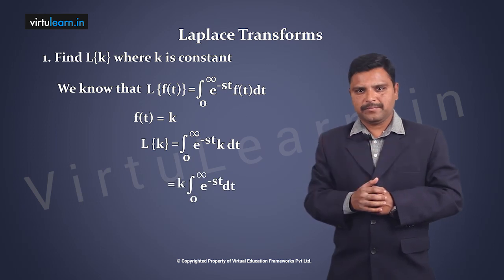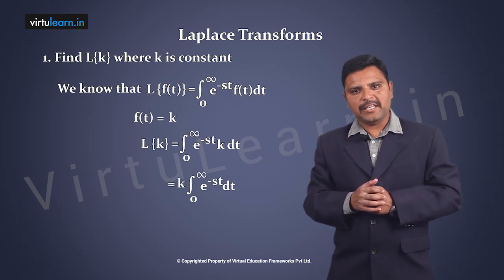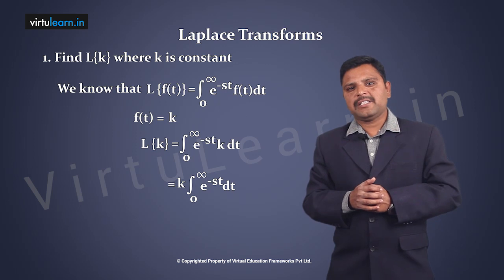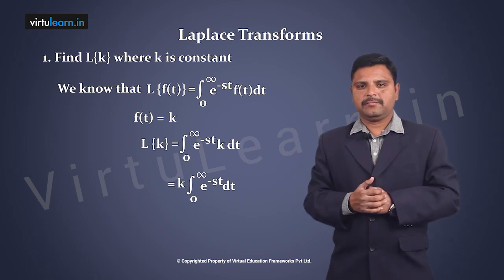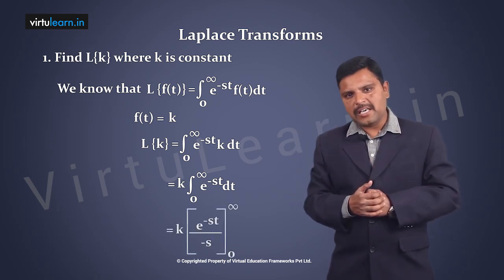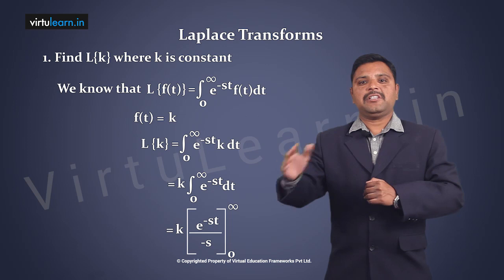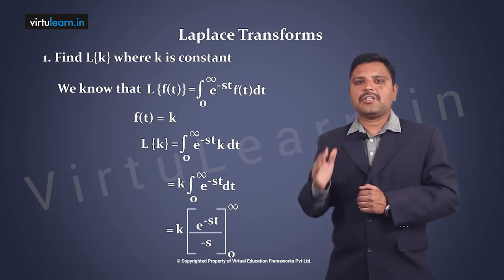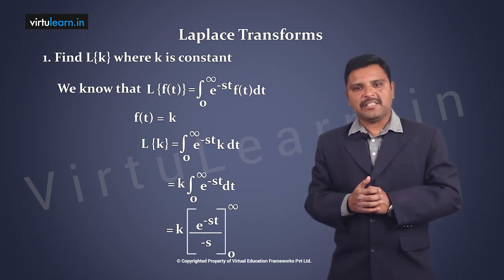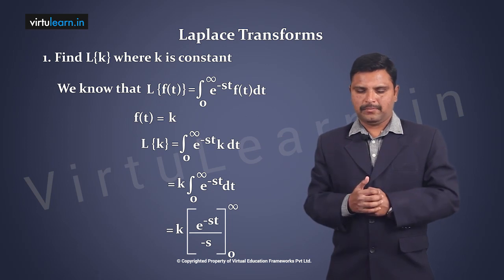K is outside, so k times the integral 0 to infinity e power minus st dt. The integration of e power minus st is e power minus st by minus s, with limits 0 to infinity. Upper limit is infinity, lower limit is 0.